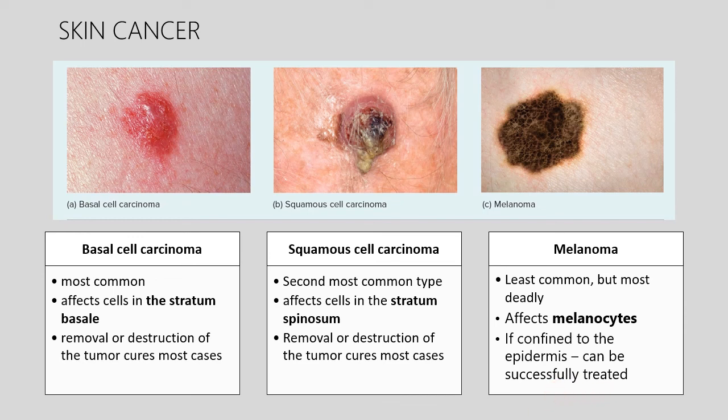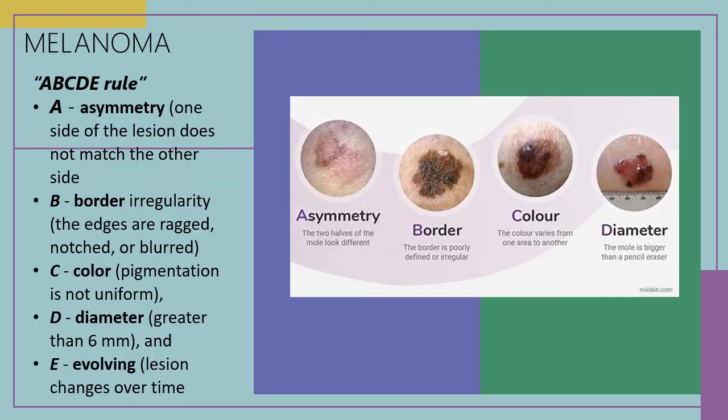However, if it starts to spread towards the dermis, to the deeper layers of your skin, and then spreads out or metastasizes to other parts of the body, it is difficult to treat and can be deadly. So, early detection and treatment of melanoma before it metastasizes, like any other cancer, can prevent death.